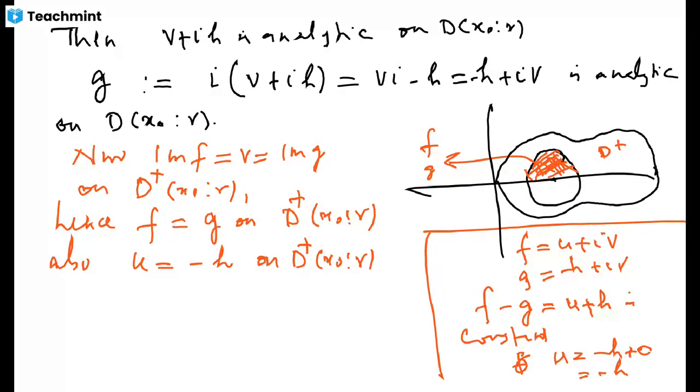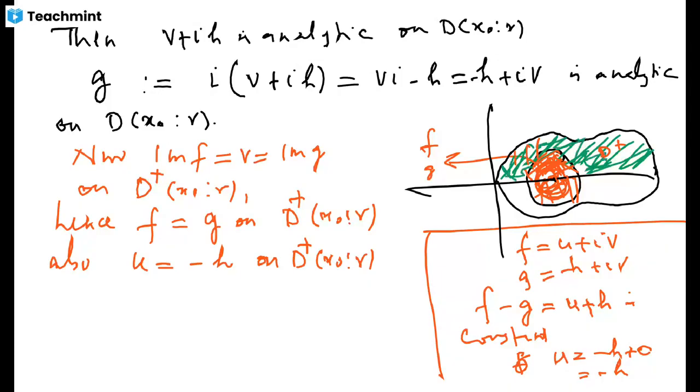So we may take u to be... so what to say now, we can say this in this way. Okay, h is defined on the whole of this disk, and u is defined only on this upper part, this plus part.